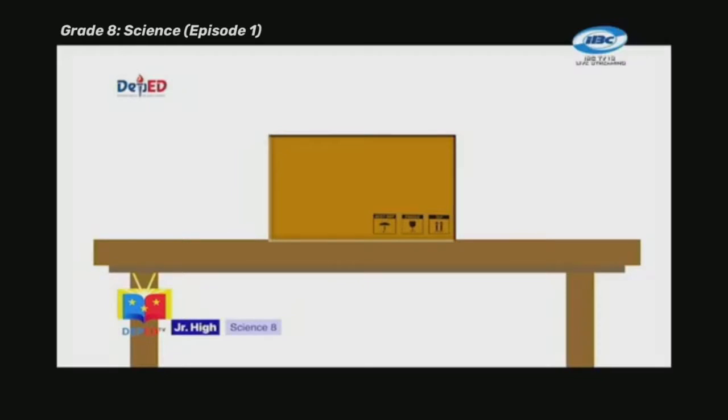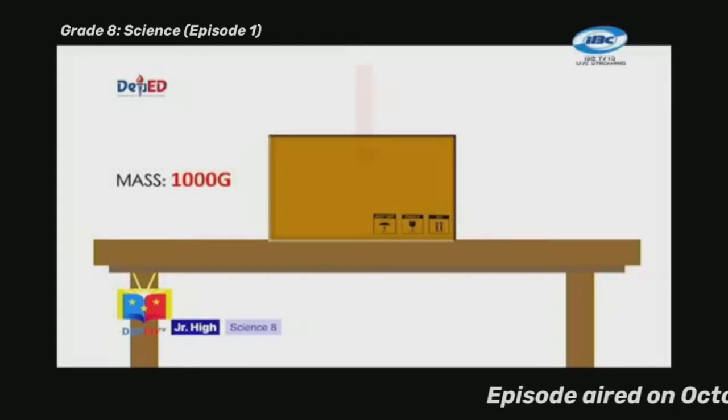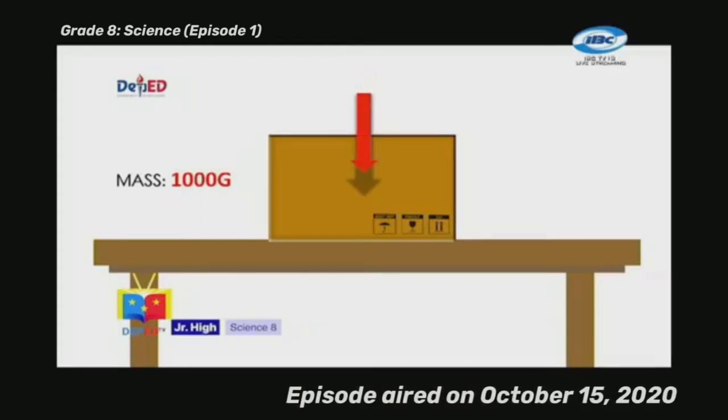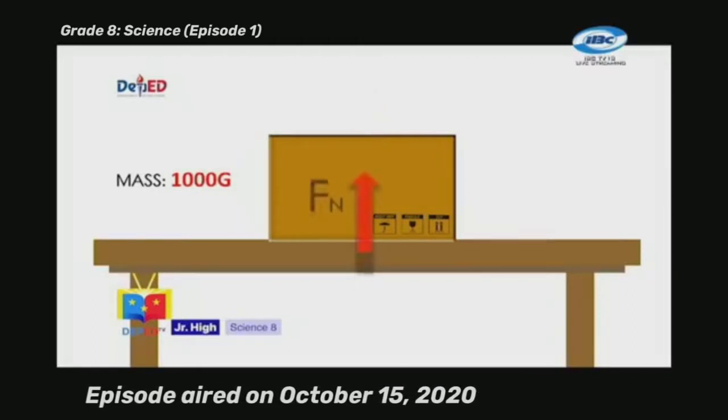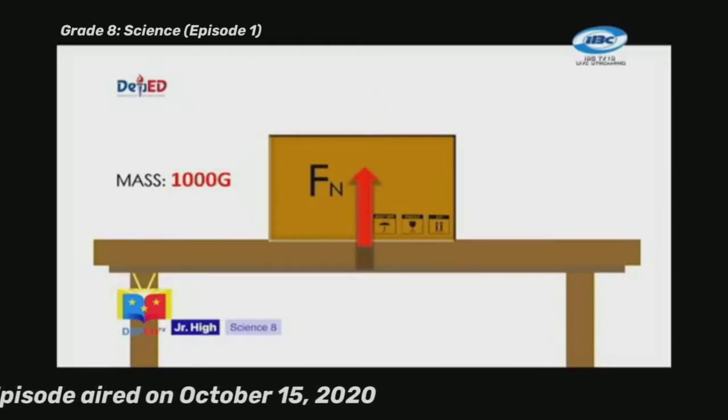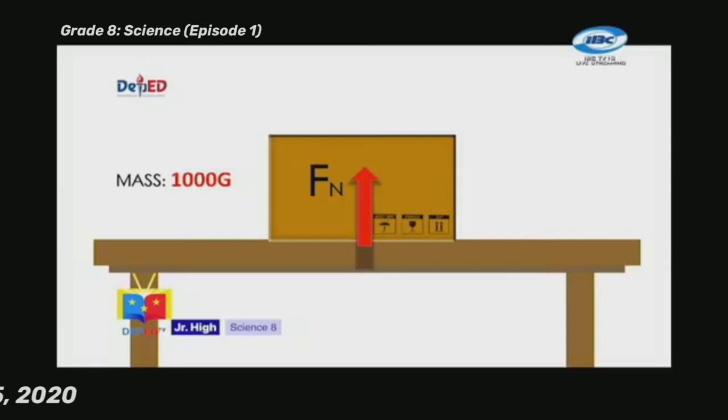In this illustration, gravity plays a role. Let's say for example the box has a mass of 1,000 grams. The box is being pulled by gravity towards the earth. As the box rests on the surface of the table, the surface is also exerting an upward force on the box. We call that upward force the normal force.